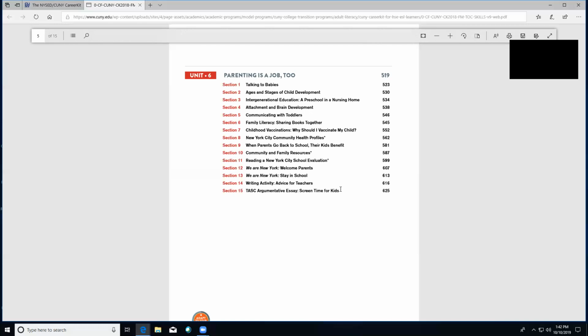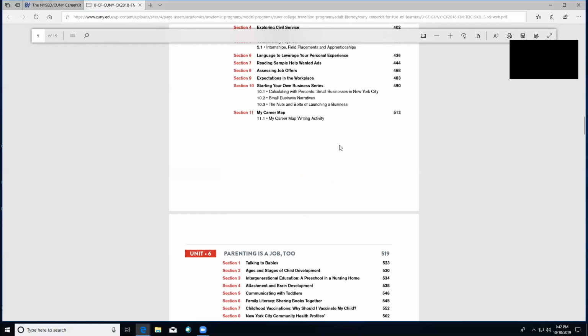And so we have a lot of activities around various parenting topics. And again, all of these activities are literacy activities and numeracy activities. So while students are learning about careers, they're learning it through reading activities, writing activities, math activities, and computer activities.